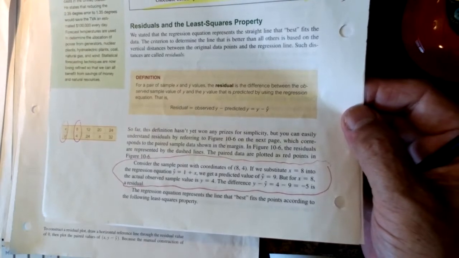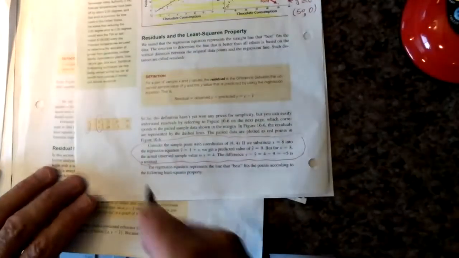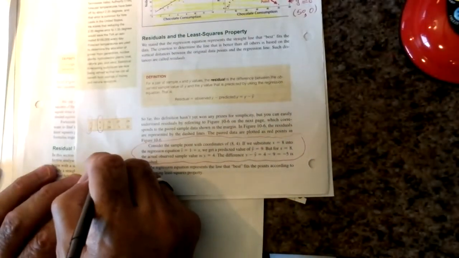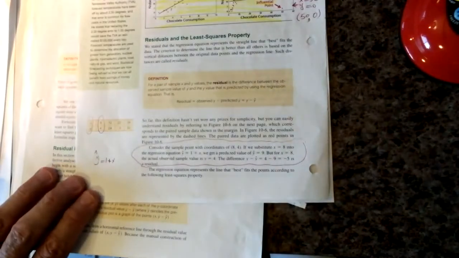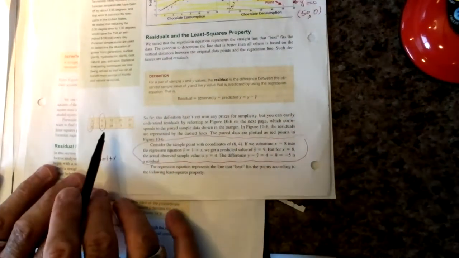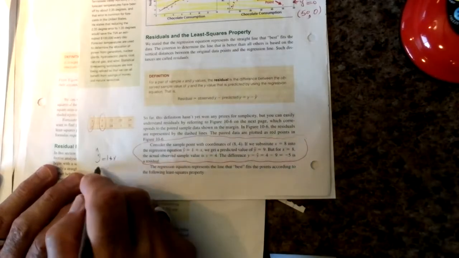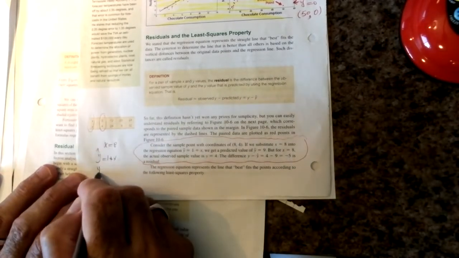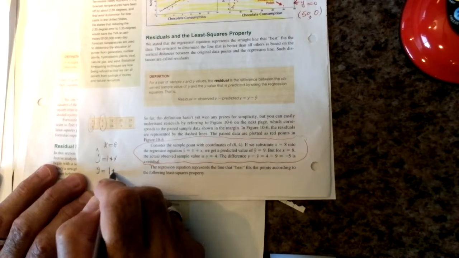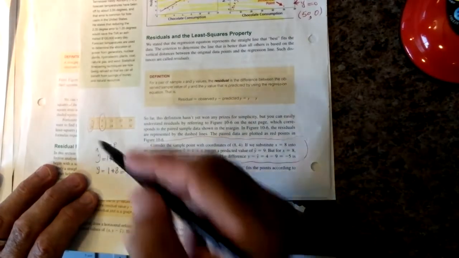The equation of this line is given. The equation of the line is Y equals 1 plus X. Now, I'll take this X equal 8 and substitute here. When you put X equal 8 into this equation, the value of Y is 9, it is not 4 anymore.